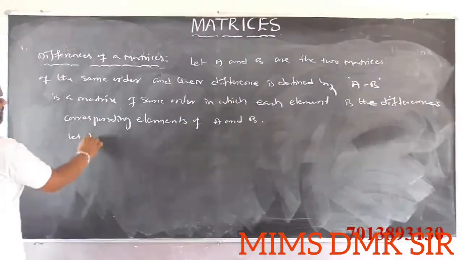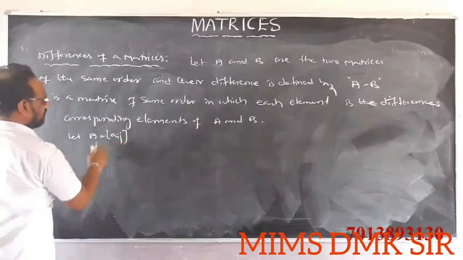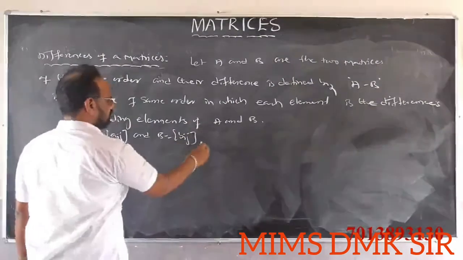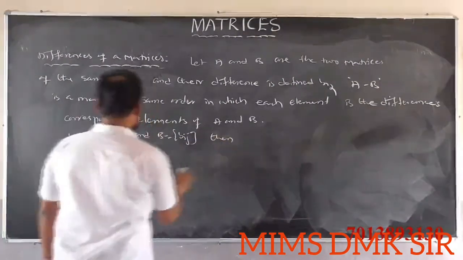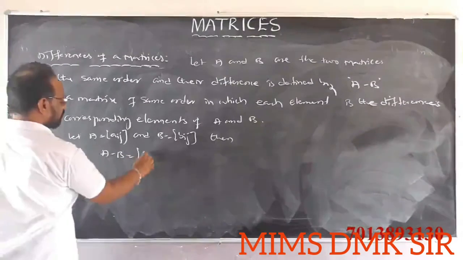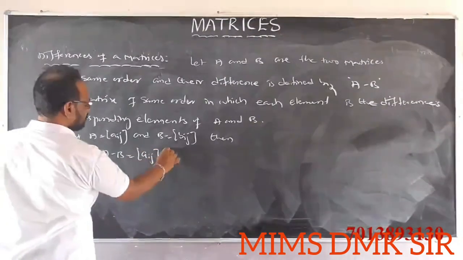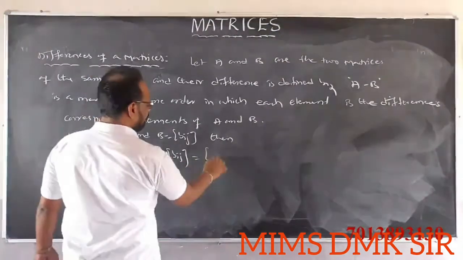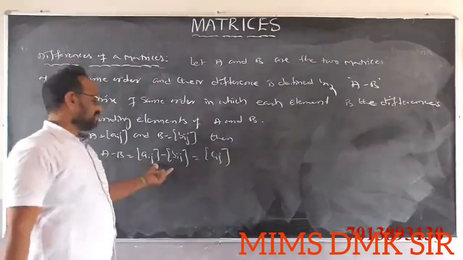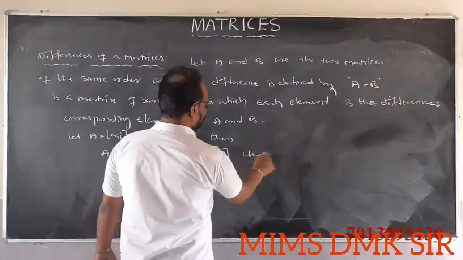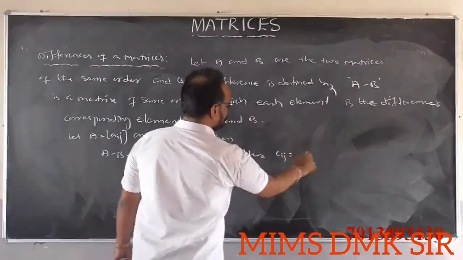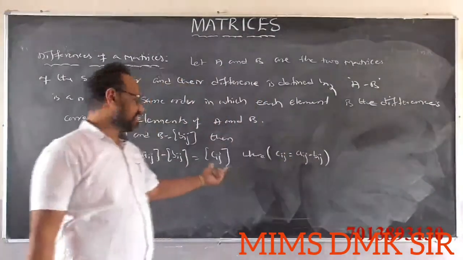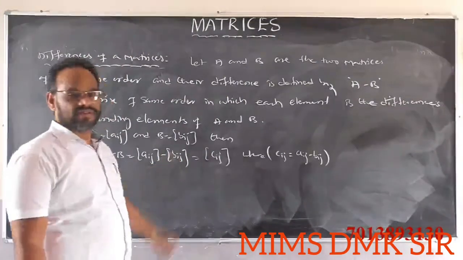Let a be an element of A and b be the element of B, and then a minus b gives c. Where c is each element, a minus b. We get c. This is the difference of the two elements.